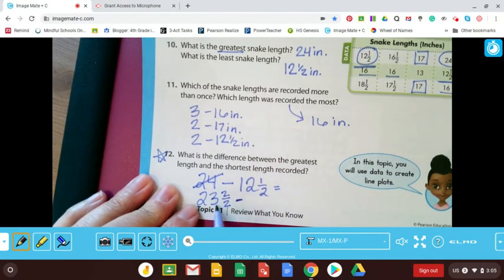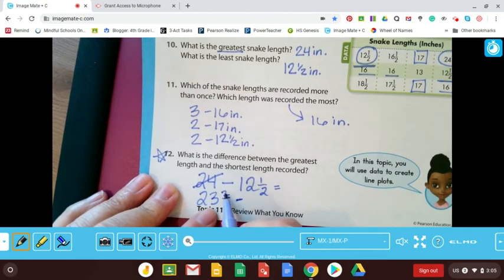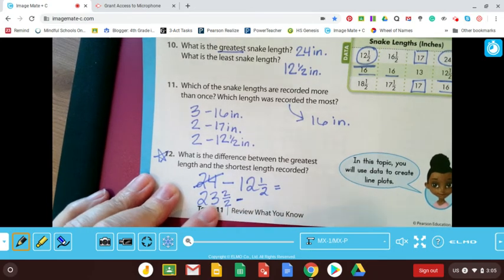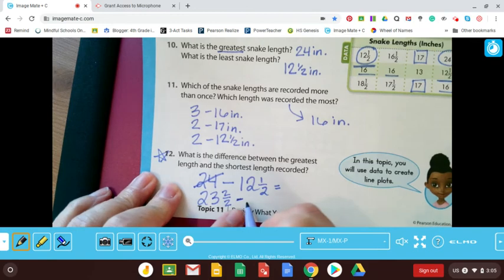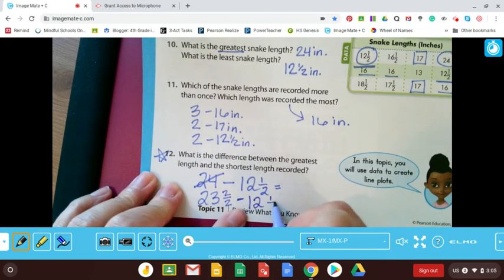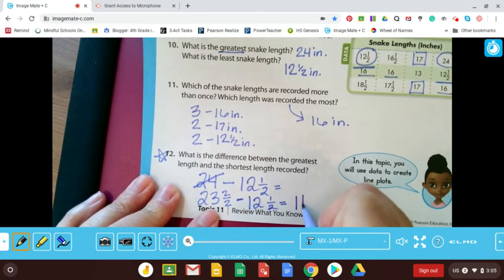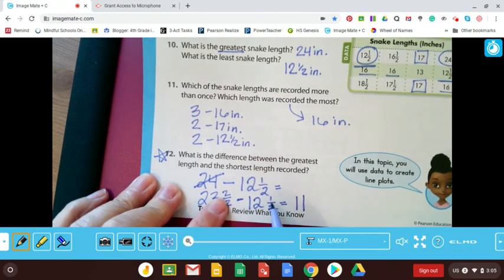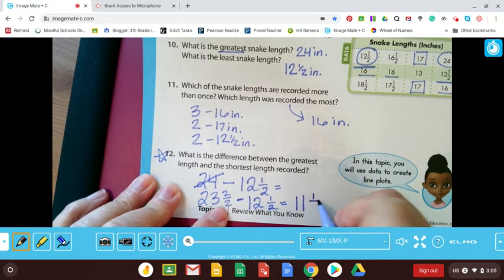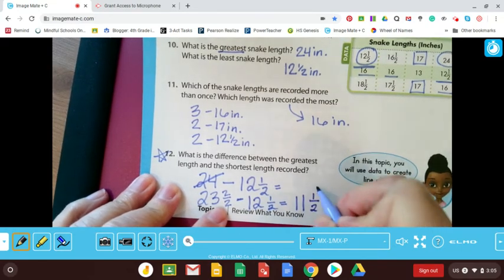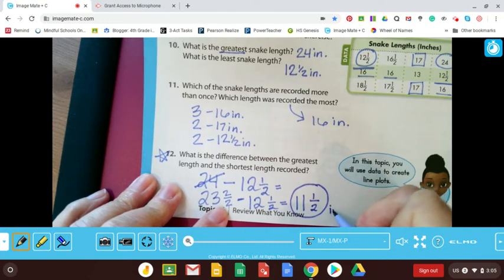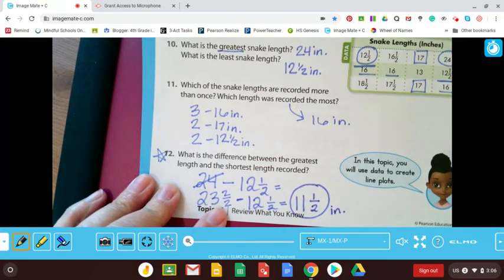You can see how 23 and 2 halves is the same thing as 24, because we know 2 over 2 is equal to 1, and 23 plus 1 would be 24. And now I am able to subtract. So 23 minus 12 would give me 11, and 2 minus 1 would be 1, and I use my same denominator, leaving me with 11 and a half inches.